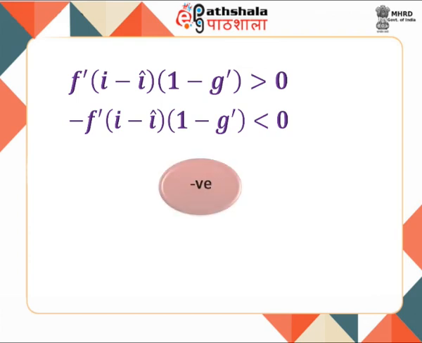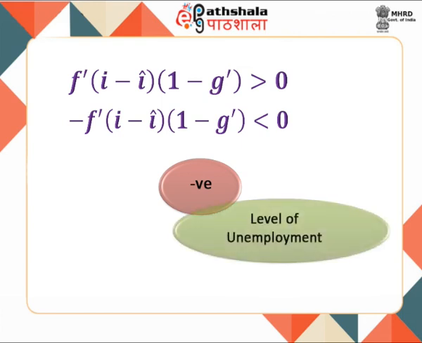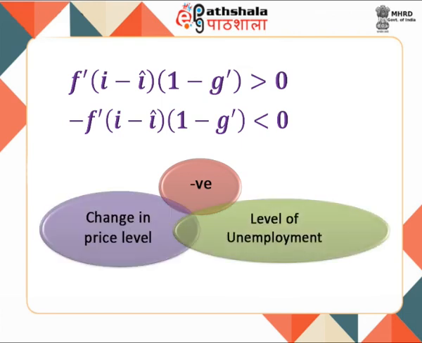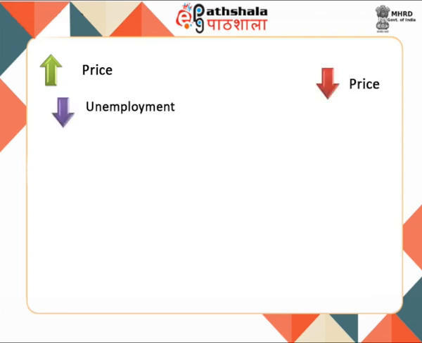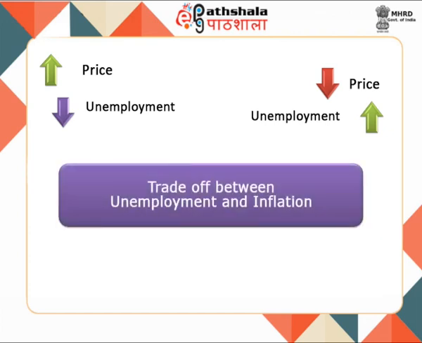Hence, there is a negative relationship between the level of unemployment and changes in price level. This implies that as there is an increase in price level, there is a decrease in unemployment level, and when there is a decrease in price level, there is an increase in unemployment level. Due to this negative relationship, it is now evident that there exists a trade-off between unemployment and inflation.